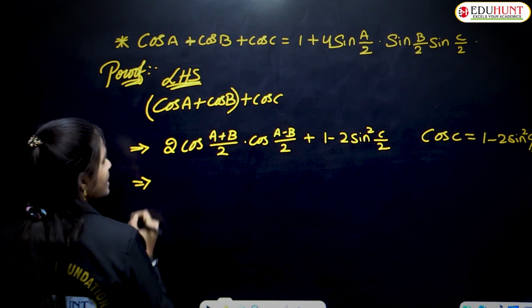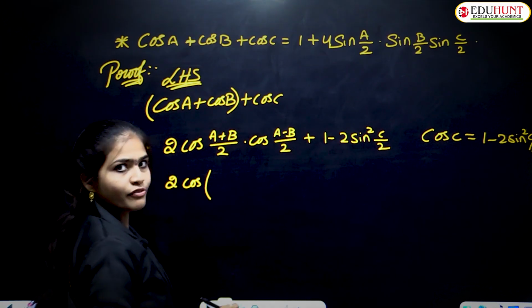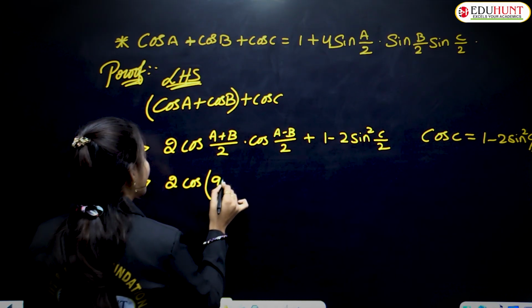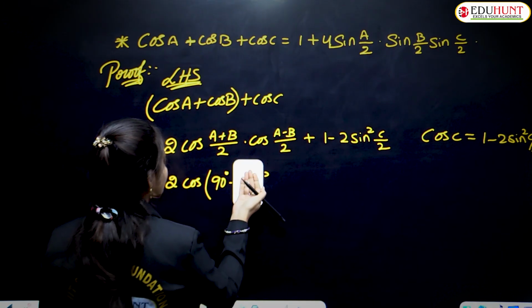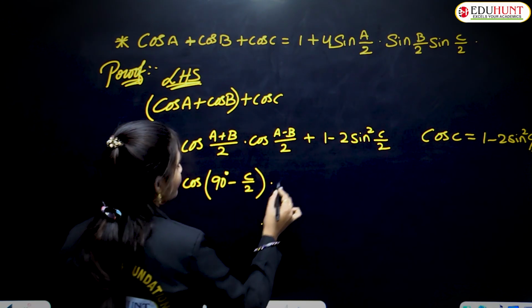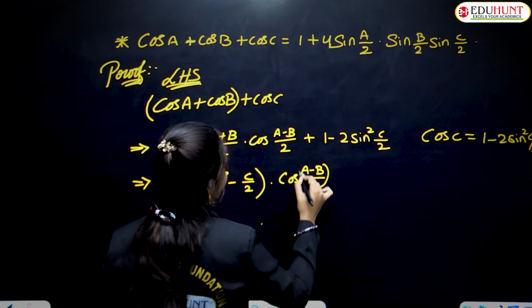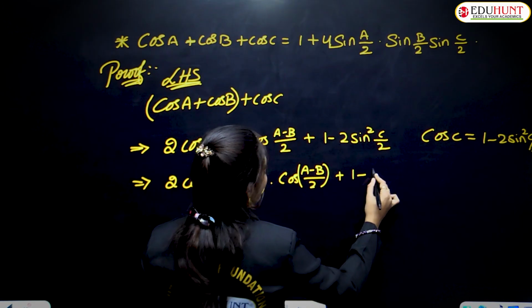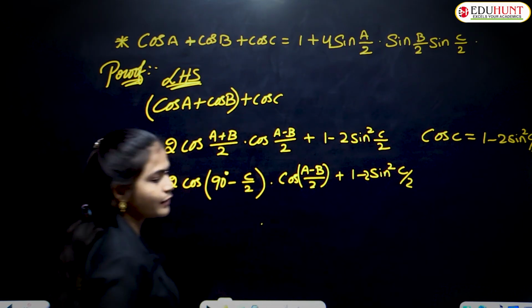Yes. So which is equal to 2 cos of, in the place of a plus b by 2 we can write 90 degrees minus of c by 2, into cos of a minus b by 2. Okay, plus 1 minus 2 sin square c by 2.